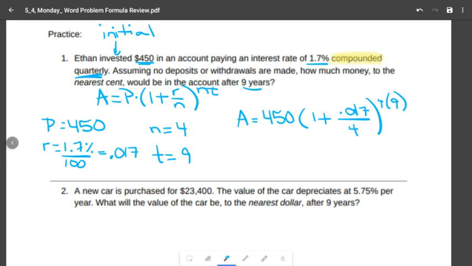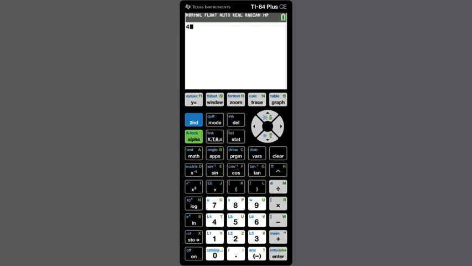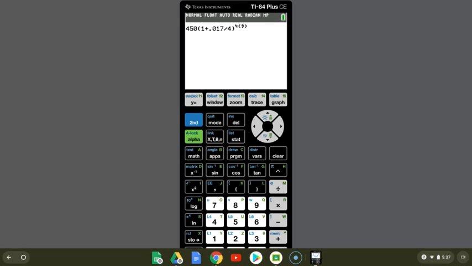And then this one is nice and easy. We just have to plug this whole thing straight into our calculator. So we have 450 times (1 plus 0.017 divided by 4) to the 4 times, I believe it was 9.